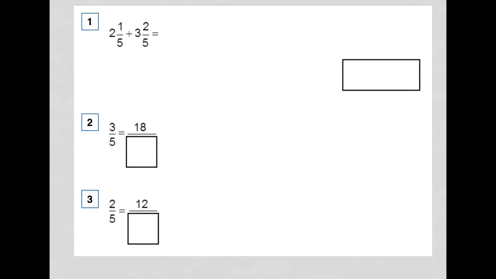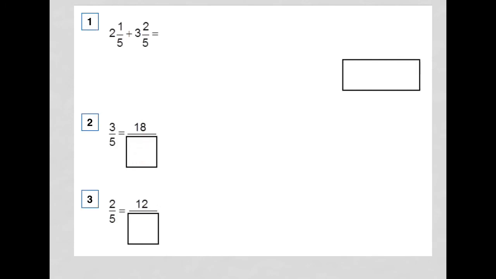Okay, so the questions that you've got on your sheet, you've got 2 and 3 whole ones, so you can add those together. And then you've got 1/5 and 2/5, and actually they've got the same denominator, so I think you should be able to do that. Then this question, 3/5 is the same as 18 something.